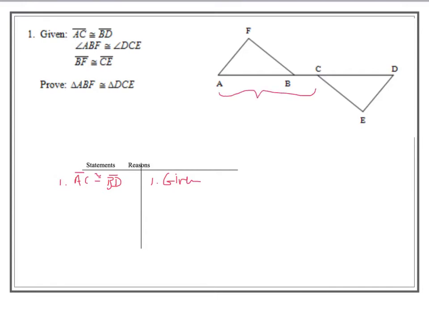AC is this segment here, BD is the segment above. Based on what you learned last chapter, hopefully you understand that segment AB is congruent to segment CD. Think about why that is. Examine the diagram.